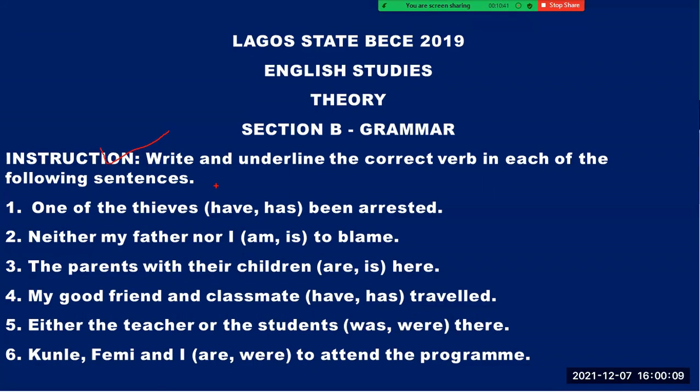And I want you to understand that English is a living subject and is really not restricted to a particular level of education. The same grammatical principles can be applied at the junior school level, at the senior secondary school level, even at the tertiary education level. So it's important for you to pay attention and understand the various grammatical principles.